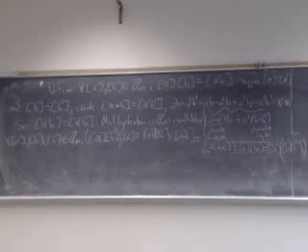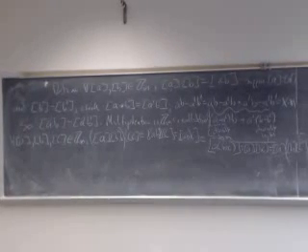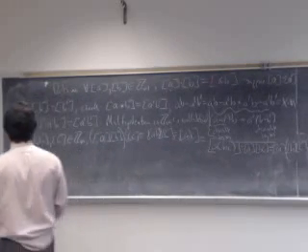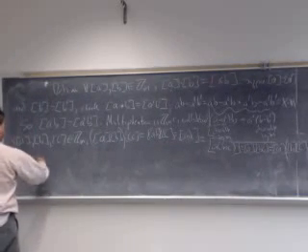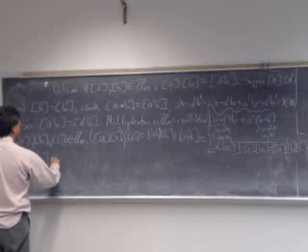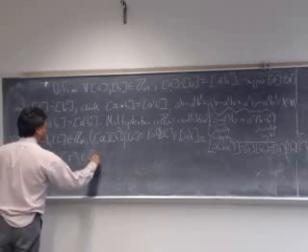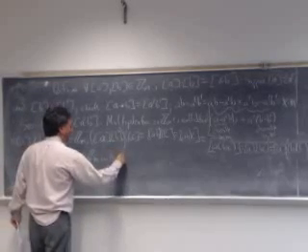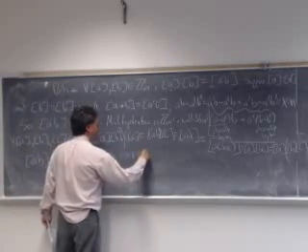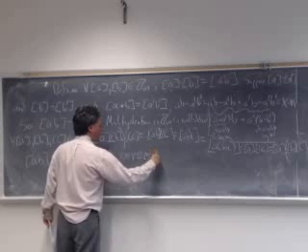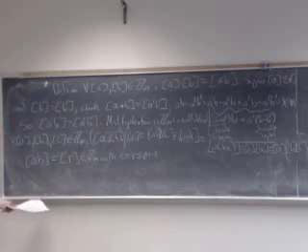And again, closure is no issue because AB is again equivalent to some R with R between 0 and n minus 1. So we certainly have closure.